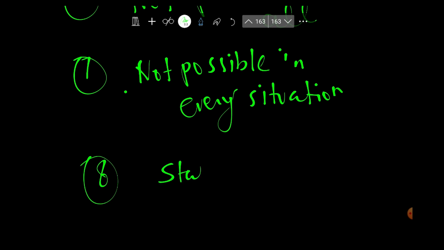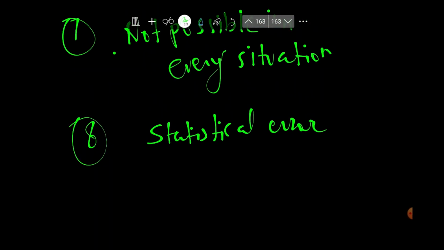And the last point is statistical error. In this method we cannot have knowledge of statistical error, so we leave out the statistical error, which is very important for any sample survey or anything.